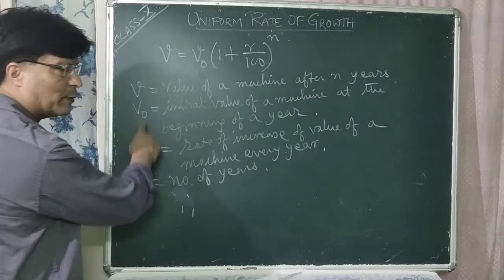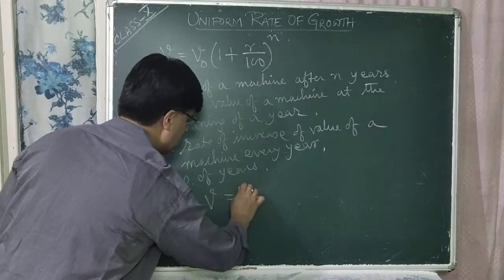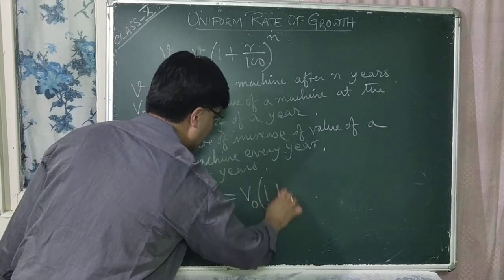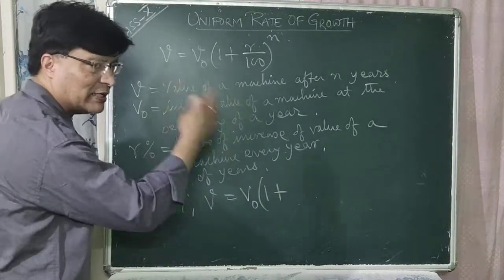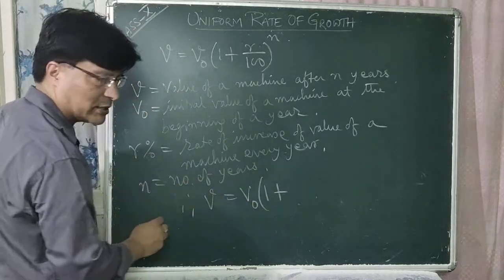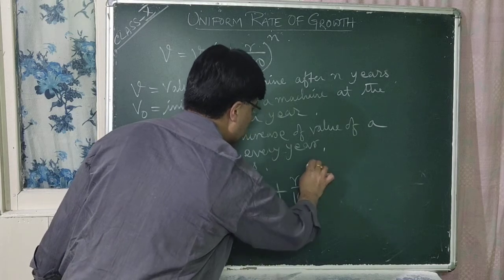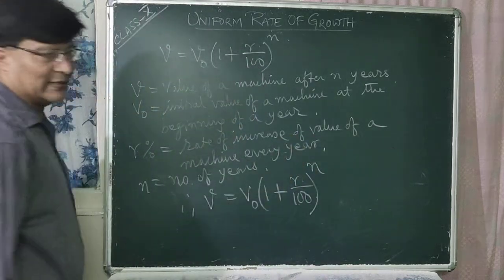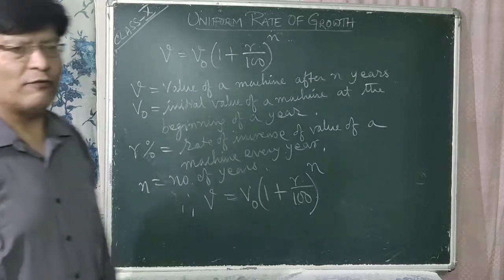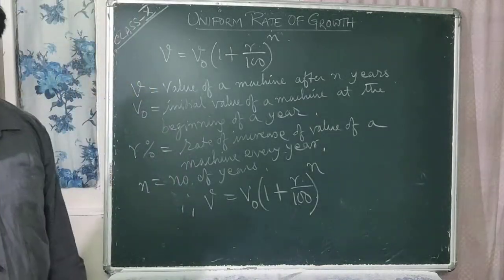So which formula is used here? V is equal to V0 within bracket 1 plus R upon 100, whole to the power N. It is just like the formula in compound interest.